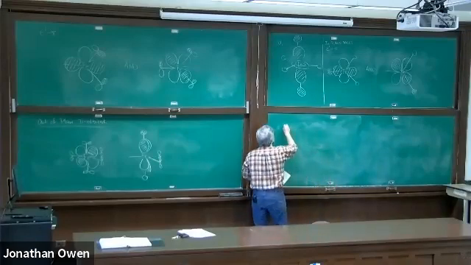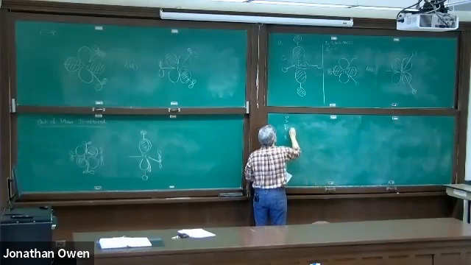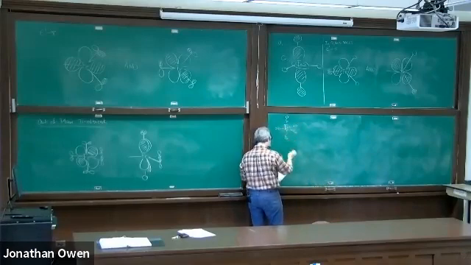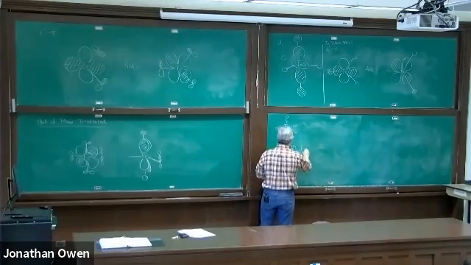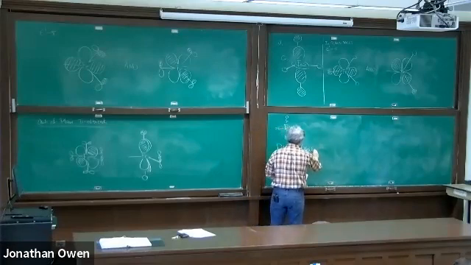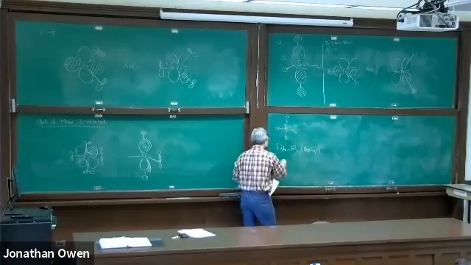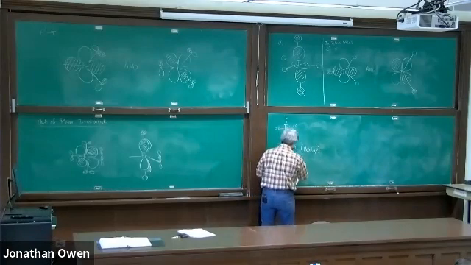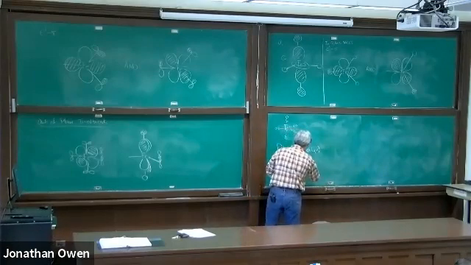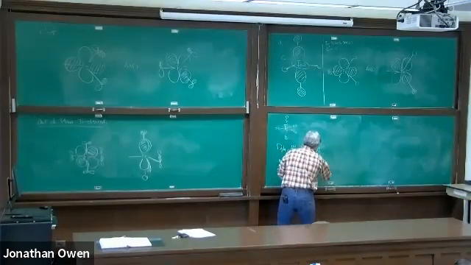All right, so iron pentacarbonyl. This is D3h, d8. It's not C4v. 4 out of 5 d orbitals for pi.